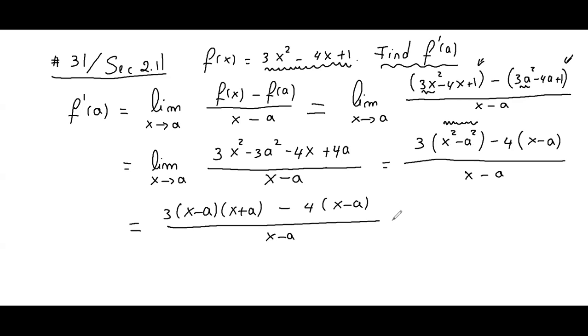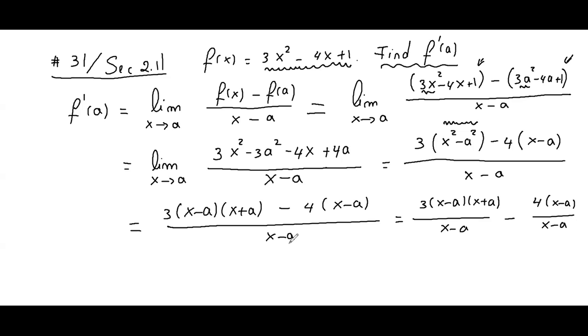And now we can actually start dividing up. So this really is, if you split this up, you could say 3 times x minus a times x plus a divided by x minus a minus 4 times x minus a divided by x minus a.